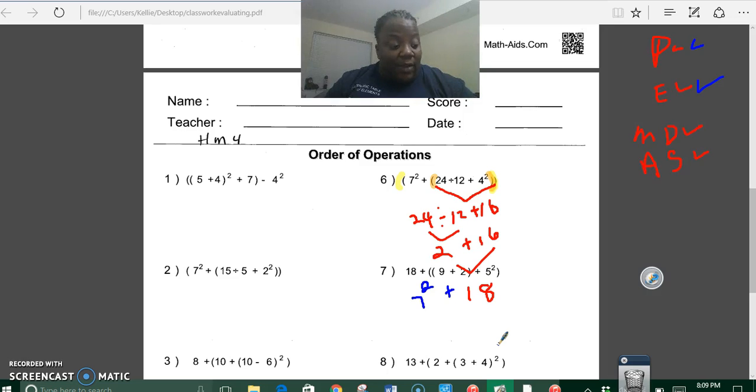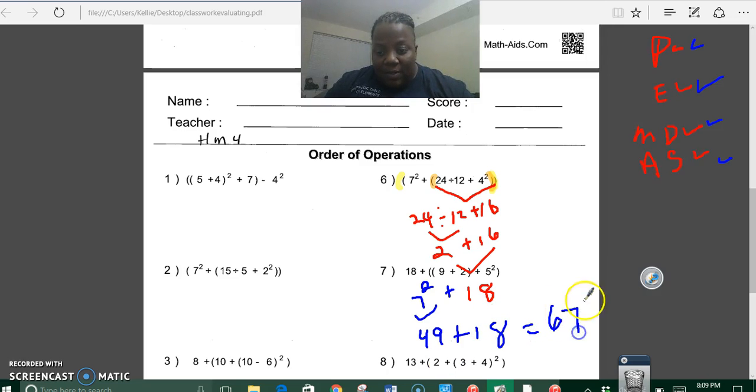And you know me, I don't know my facts, 7 times 7, I have 49. So this is 49. Okay, so I did my multiplying, dividing. Now add or subtract. And I have just addition left. So 49 plus 18. My answer here, 67. Voila.